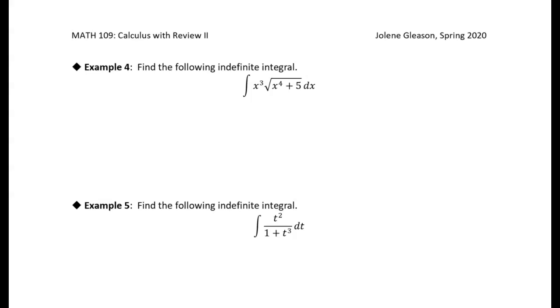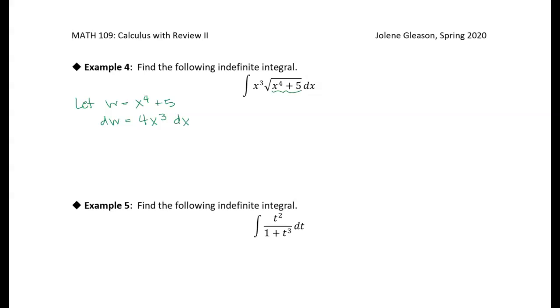So, an inside function, outside function. I'm seeing the square root function, and it looks like inside the square root function is this x to the fourth plus 5. So it seems natural to let w equal x to the fourth plus 5, and then dw is equal to 4x cubed dx.